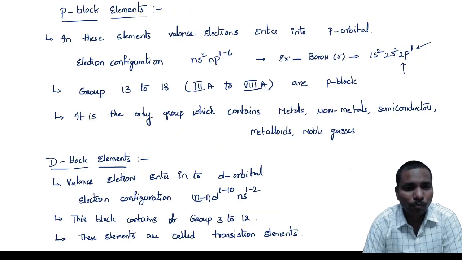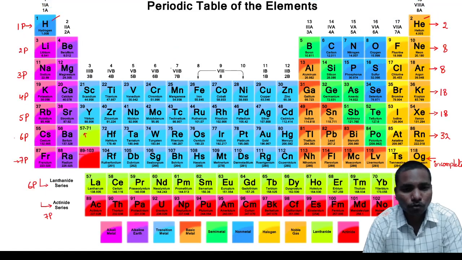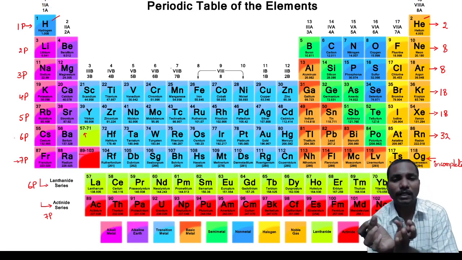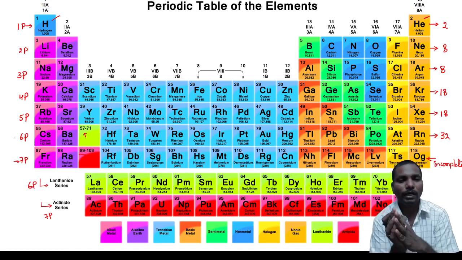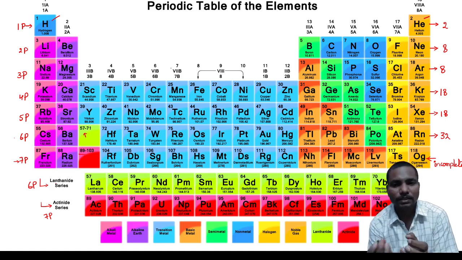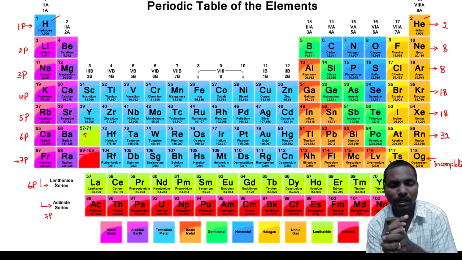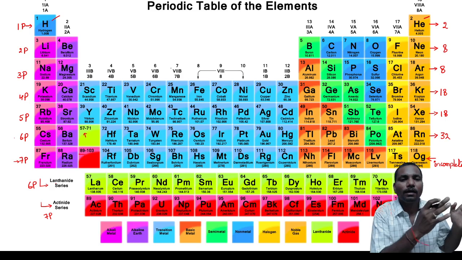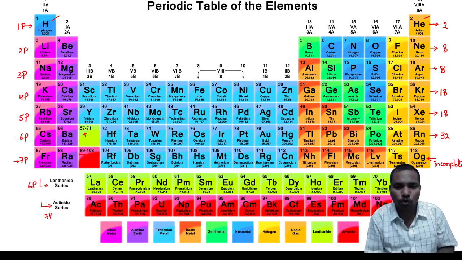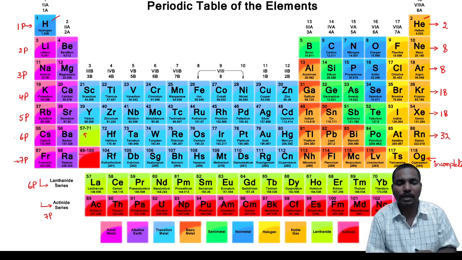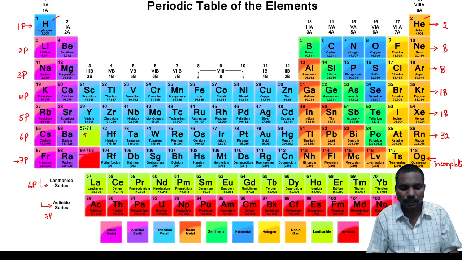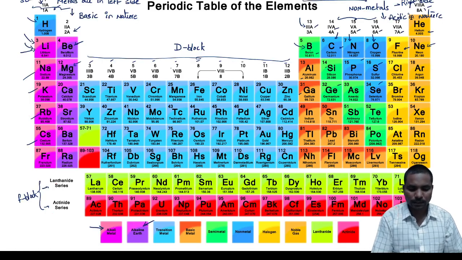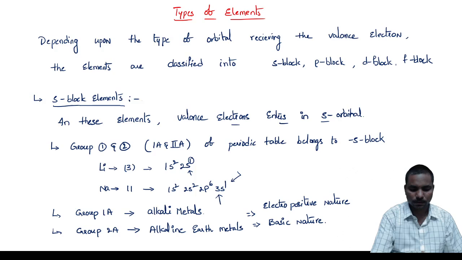One more thing, some types of questions we may get are about electronegative nature, electropositive nature, atomic size, electron affinity, and whether they decrease or increase across periods or down groups. Those types of questions are also asked. Okay, so let us take those points.